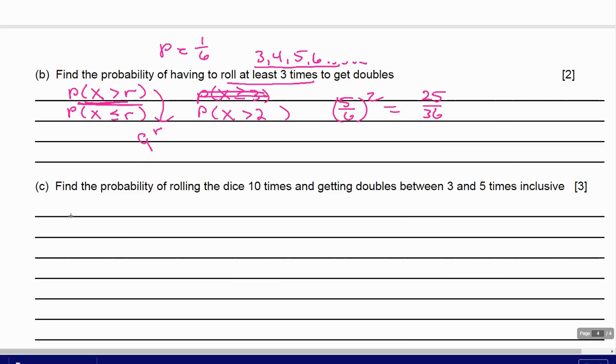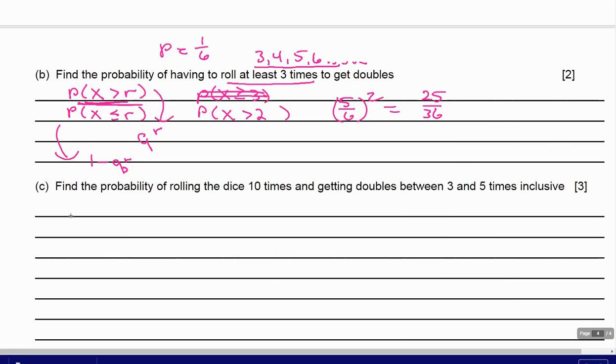So you've got to make sure you memorize these. The probability that x is greater than a number is q to the r, or the failure to the r number. And then this is going to be 1 minus that. 1 minus q to the r. That's this.